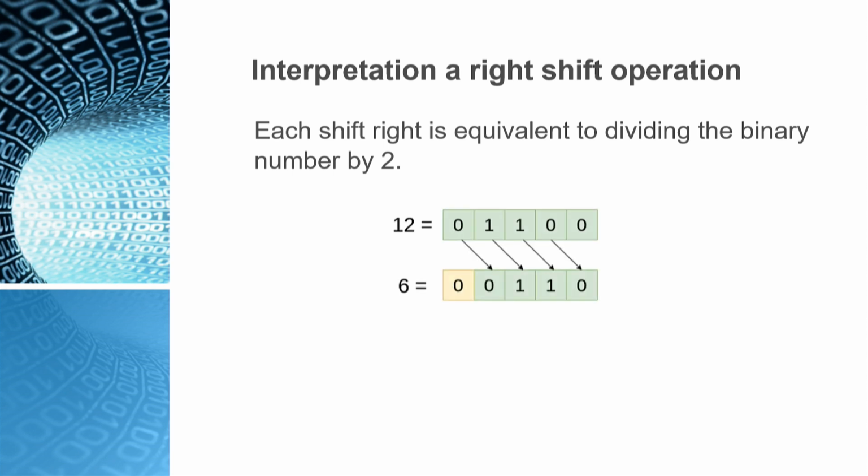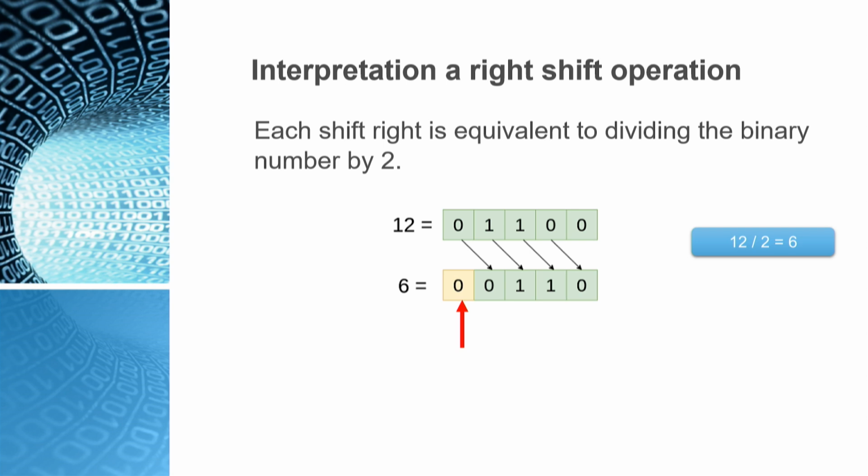The right bit shift moves every bit of the input one position to the right. In the example, we shifted the binary number 01100, or 12 in the decimal system, 1 bit to the right. Thereby, the least significant bit is lost while a 0 is pushed in on the left end.